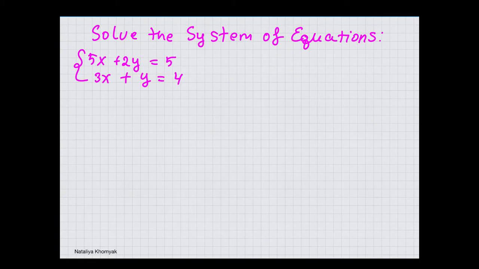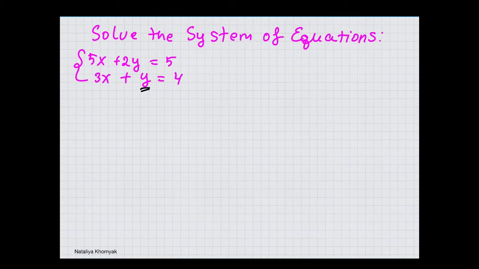Solve the system of equations. We have 5x plus 2y equals 5, and the second one is 3x plus y equals 4. When you don't have a variable already solved for, pick the one that does not have a coefficient other than 1. So this y in the second equation is just by itself.